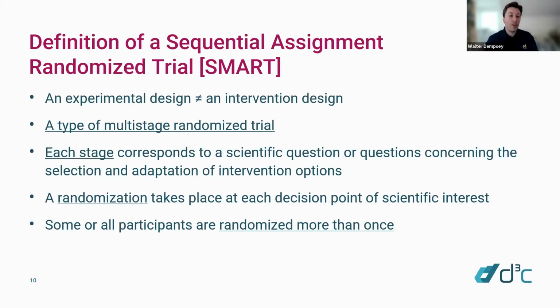It's not an intervention design. The SMART is a multi-stage randomized trial. Sequential multiple assignment randomized trial, where at each stage it corresponds to a scientific question or questions you're trying to answer. And a randomization takes place at each decision point to answer that scientific question of interest.